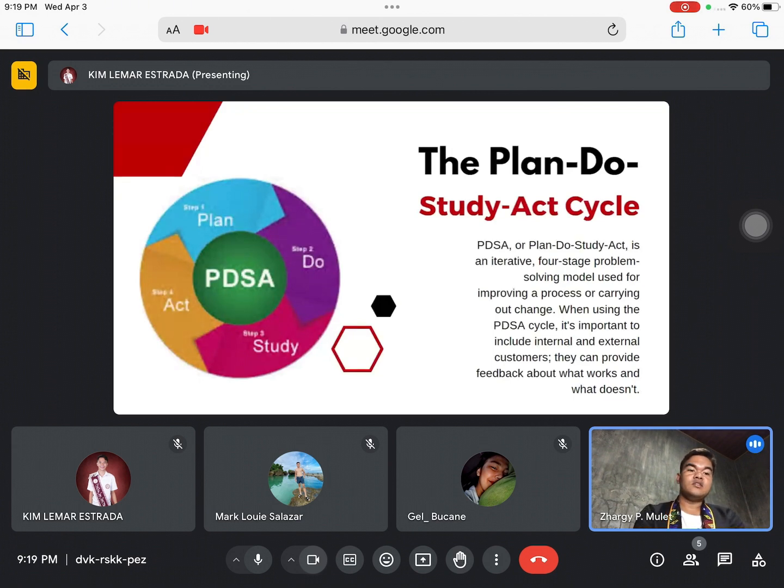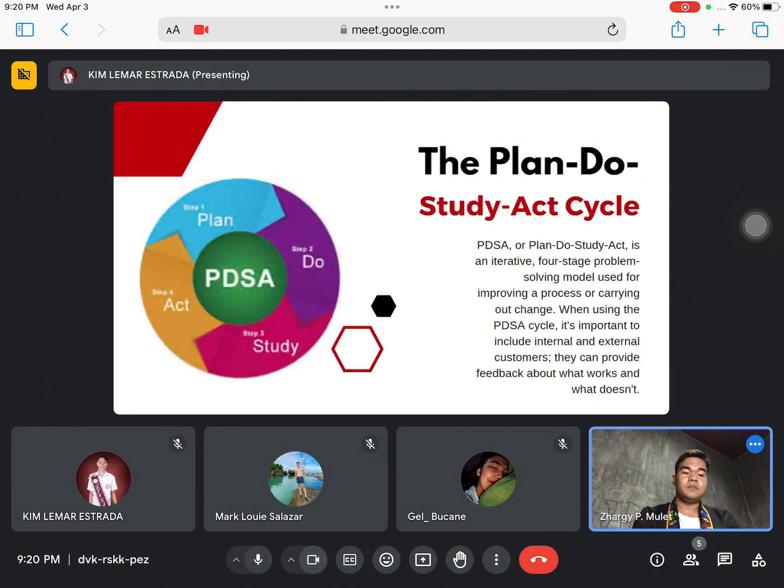Next is the Plan, Do, Study, Act cycle. PDSA, or Plan, Do, Study, Act, is an iterative four-stage problem solving model used for improving a process or carrying out change.